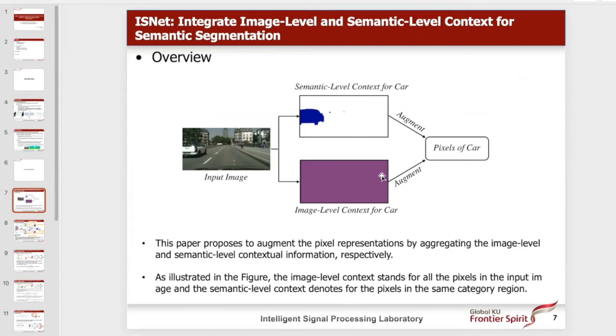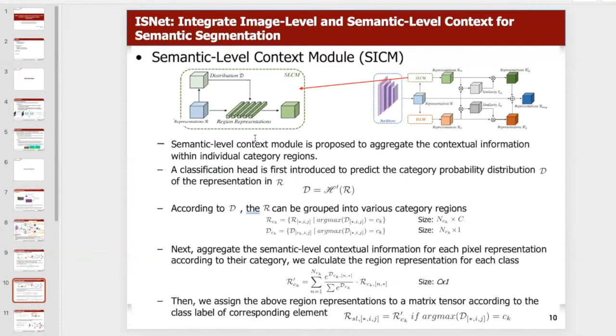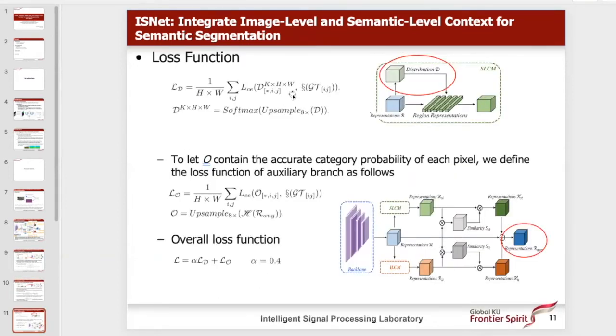Finally, we will get a C channel matrix, and every category region will be assigned a corresponding value respectively. And this is the semantic level context module. Next, we will come to the loss function.